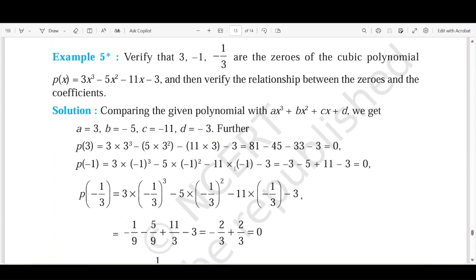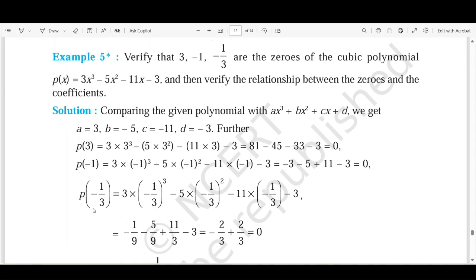Fine. Moving on to example 5: verify that 3, minus 1 and minus 1 by 3 are the zeros of the cubic polynomial. They have given one cubic polynomial and then ask to verify the relation between the zeros and the coefficients. In order to verify that a given number is a zero of a polynomial, we simply replace the variable x by that number.